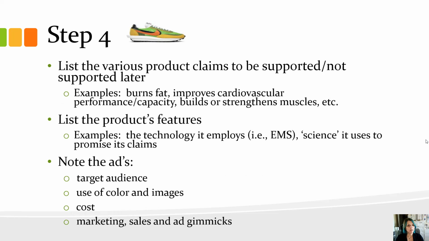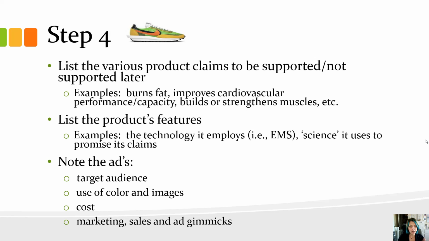Step 4, list the various product claims to be supported or not supported later. Examples: they might be talking about burning fat, improving cardiovascular performance or capacity, building or strengthening muscles. You're going to get a six-pack if you use this product. So these are the claims that they're making.